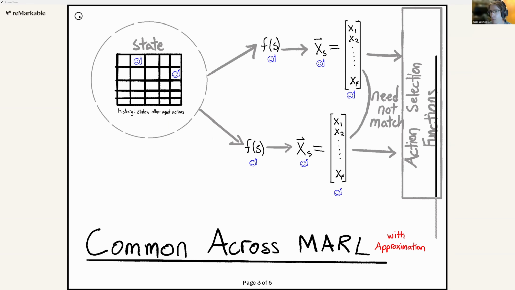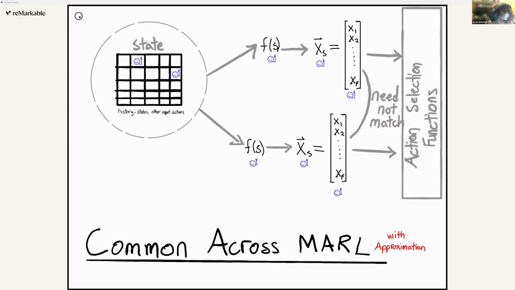Okay. So now what I'm showing here is what happens in this part of the pipeline, which only happens when we're dealing with approximation, which is in part 2 of the book, in chapter 9, where we're talking about approximation techniques. These are functions that have parameters. The functions are defined by their parameters, and we can update those parameters to get different behavior out of the functions.